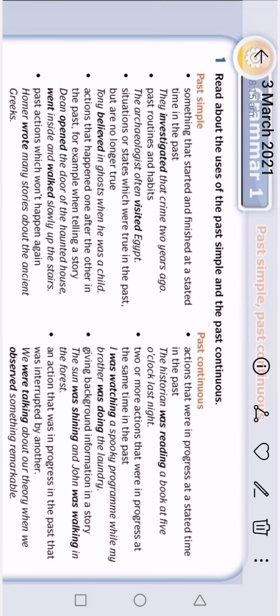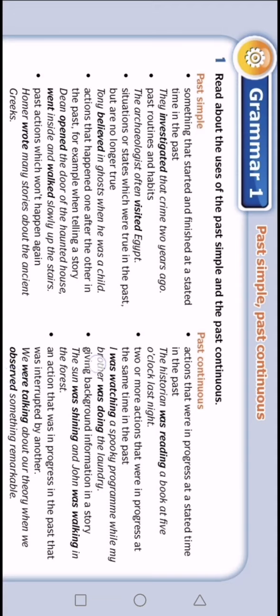So at that time, they were talking about their theory, but later suddenly they observed something remarkable. 他看到一个东西。So the first action, the one in progress, must be ing. The second action must be ed. 你正在做的那个你要加 ing. Yang kamu tengah buat punya action, ing. 然后突然间被打扰的那个 action, tiba-tiba dikacau punya action itu, you add ed. Understand now, class?